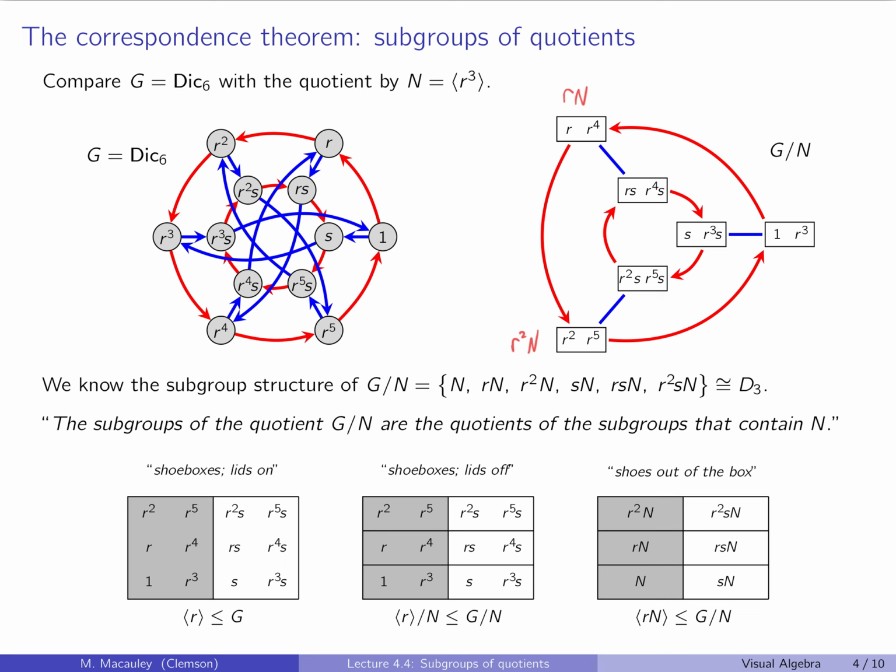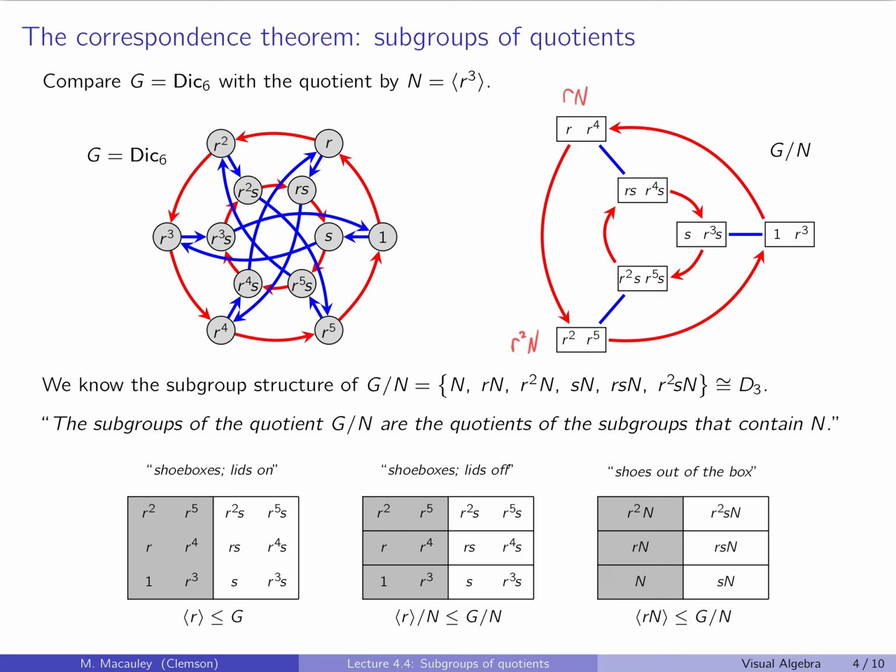So in other words, if we start with this subgroup generated by R, and we take the quotient by N, in other words, this is the quotient of a subgroup by N, that's the same thing as this subgroup of the quotient. In other words, there's a one-to-one correspondence between the quotient of the subgroup and a subgroup of the quotient.